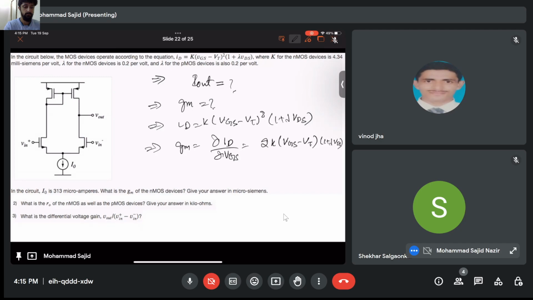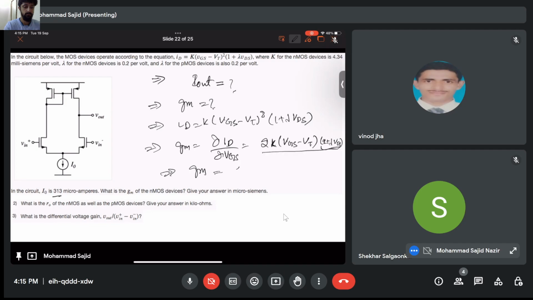Alright, let's assume this term. Usually whenever we calculate GM, we calculate at low values of VD. Lambda is given, and since VDS is not given, we'll ignore this term and we will say that GM is... is there something else that is given? Yes, I naught is given. So okay, we don't need to ignore anything.